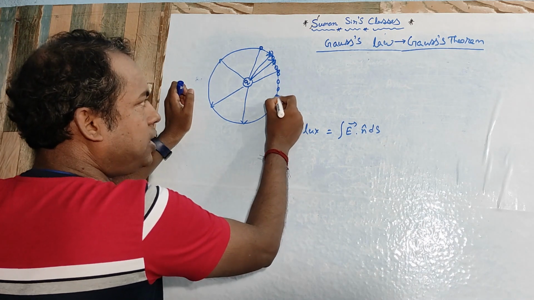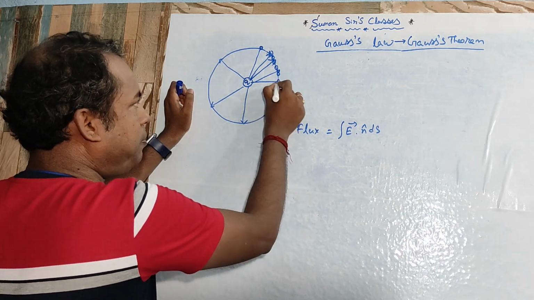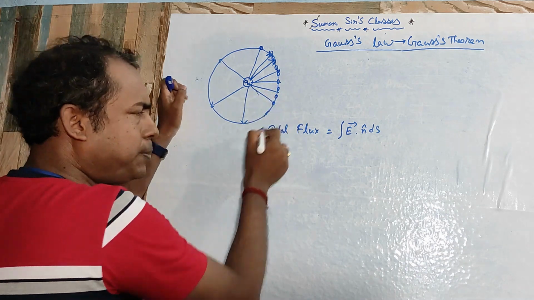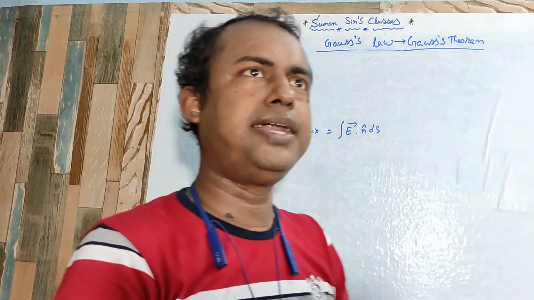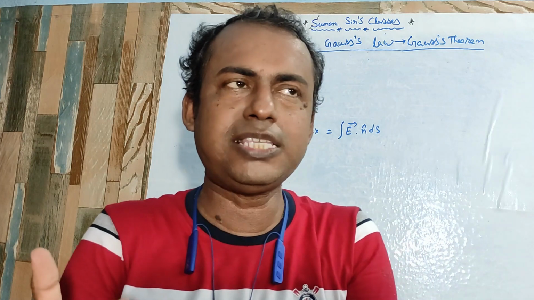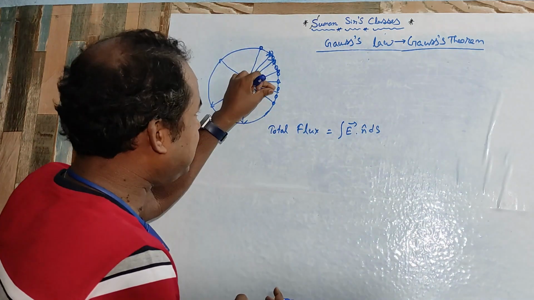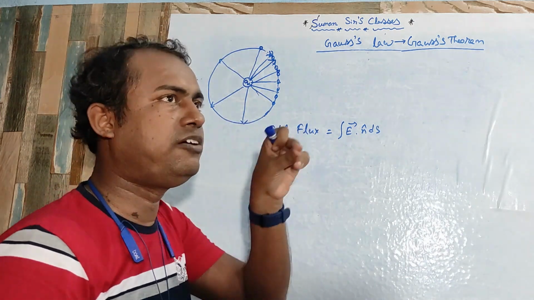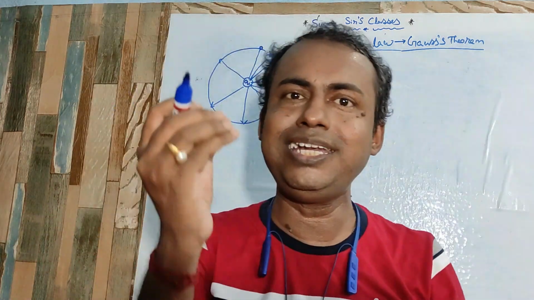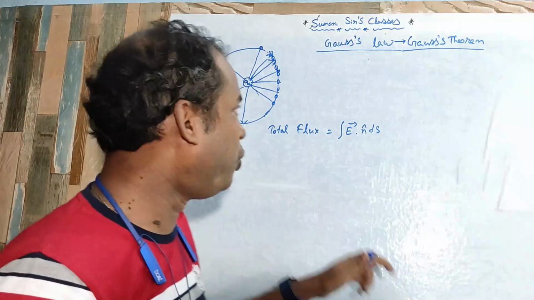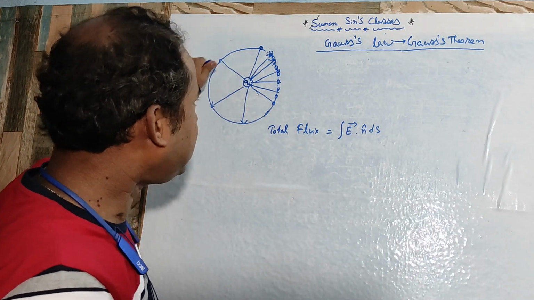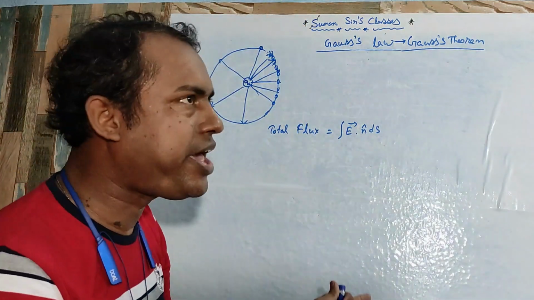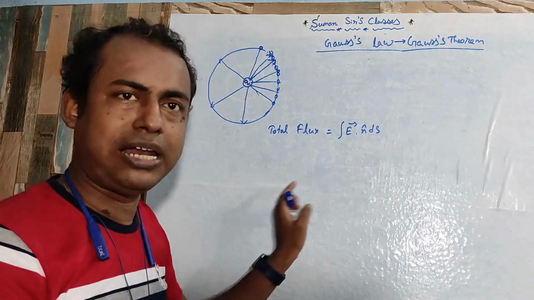In one area, two or more electric field lines pass. So that means electric flux can be calculated in each of these small areas. When we sum up all the flux throughout the surface, we get the total flux.